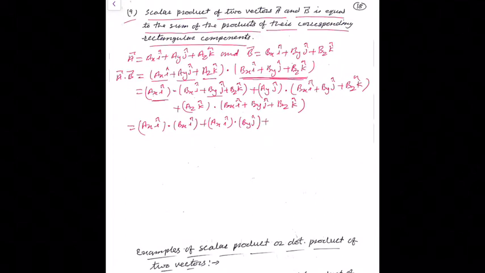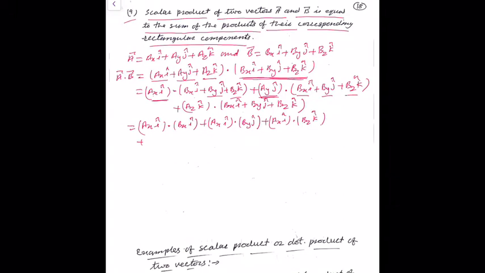Next, ax i cap with bz k cap. So ax i cap dot bz k cap plus next ay j cap dot with bx i cap. Next, ay j cap dot by j cap. Next, ay j cap dot bz k cap.